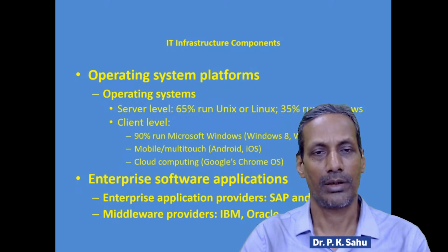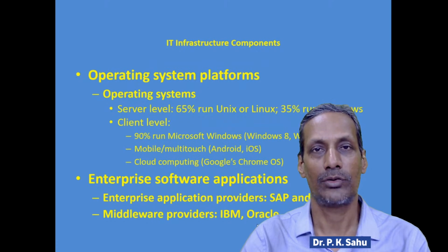At the client level, 90% of the machines run Microsoft Windows. Mobiles and other multi-touch devices use Android and iOS as the operating system. Google's Chrome operating system is widely used for cloud computing.